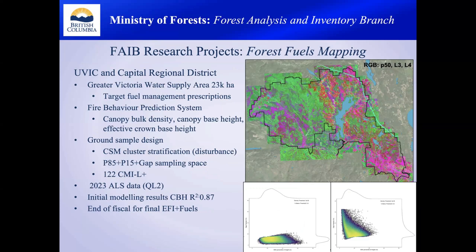But that municipal government is obviously concerned about the risk to the water resource that wildfire may pose, especially with changes in summer drought conditions. So they're looking for a product that will help them target fuel management prescriptions for their forest.